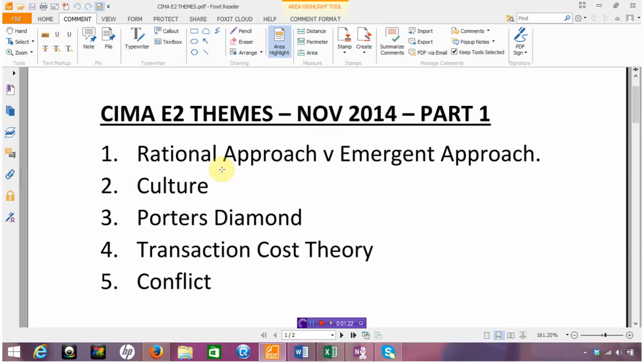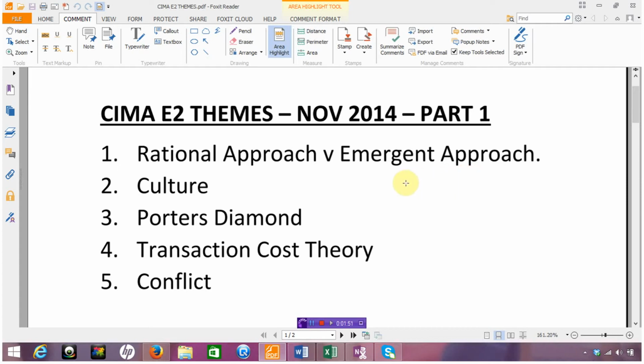A typical scenario will be that the rational approach is being used within an organization, and one or other senior board members are looking to move in another direction, possibly towards the emergent approach. So we need to know the key advantages and disadvantages associated with the rational approach, and the emergent approach, and you could generally reverse them to get the answer.